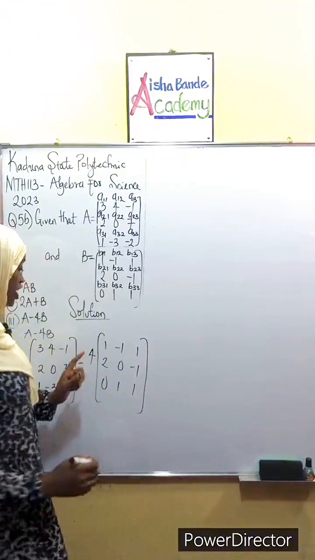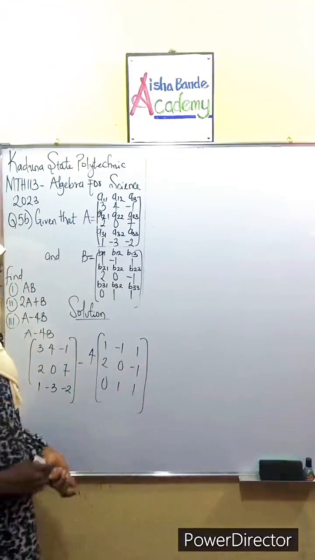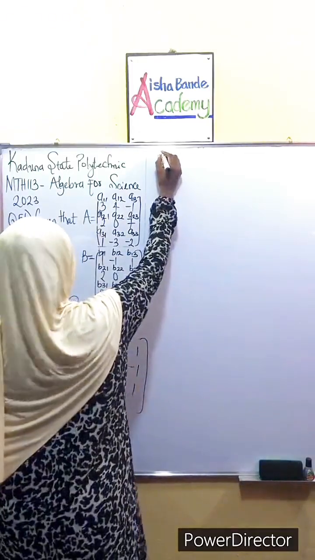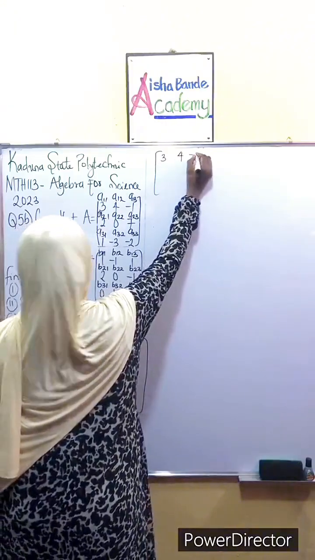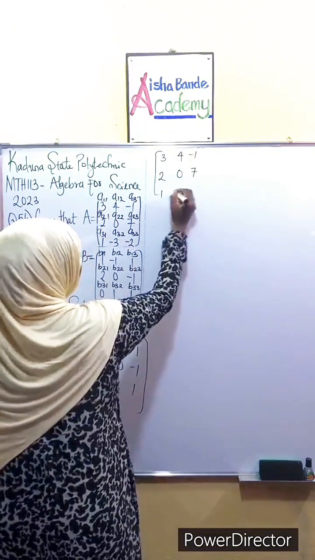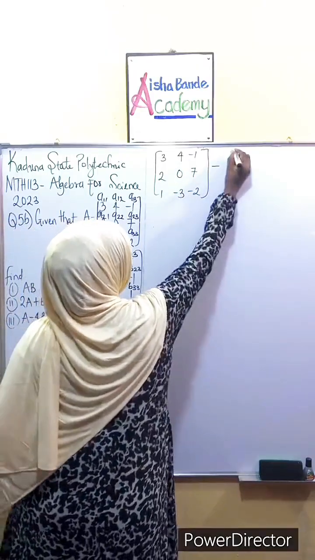Okay, so from here we are going to simplify this. This 4 affects everything here. So this is still matrix A, which remains the same: 3, 4, minus 1, 2, 0, 7, and 1, minus 3, and minus 2. Minus open bracket.